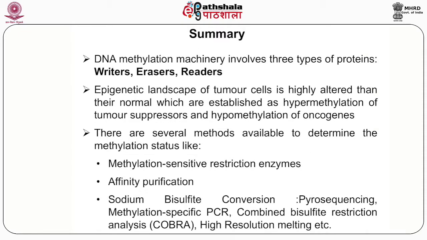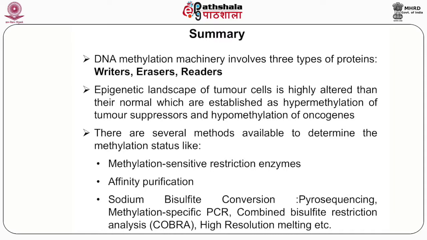DNA methylation machinery involves 3 types of proteins: writers, erasers and readers. The epigenetic landscape of tumor cells is highly altered compared to normal cells, which is established as hypermethylation of tumor suppressors and hypomethylation of oncogenes.